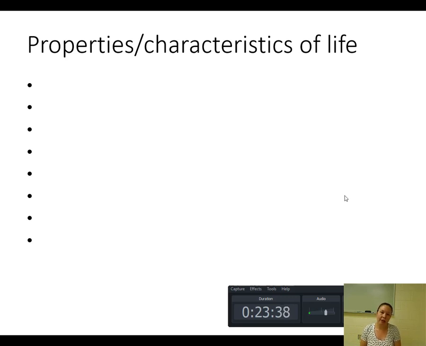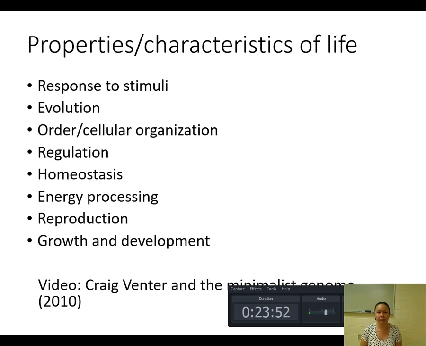are the properties and characteristics of life. If you think about life and all things that are living, which we call biotic, we call non-living things abiotic. When you think about living things, what do they all have in common? Response to stimuli. They have to be able to respond to some sort of stimulus. Evolution.